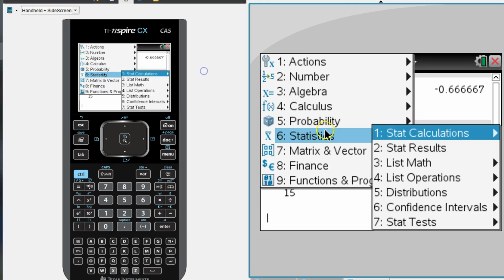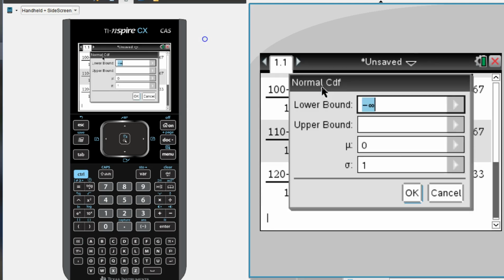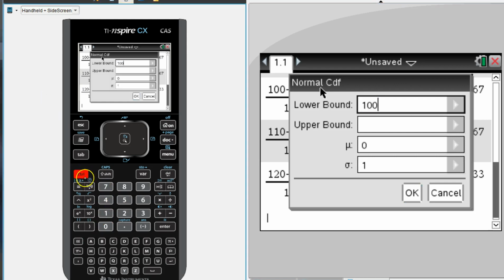So, menu, statistics, norm CDF. If I'm doing the x's, we went from 110 to 120 with a mean of 100 and a standard deviation of 15.